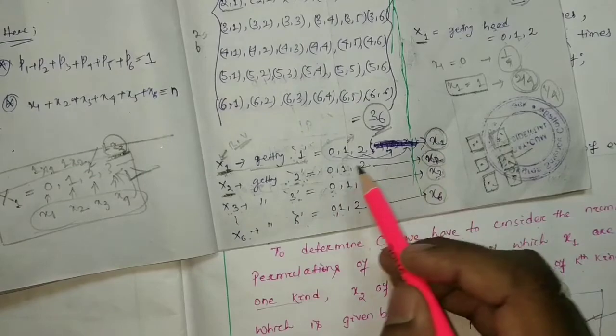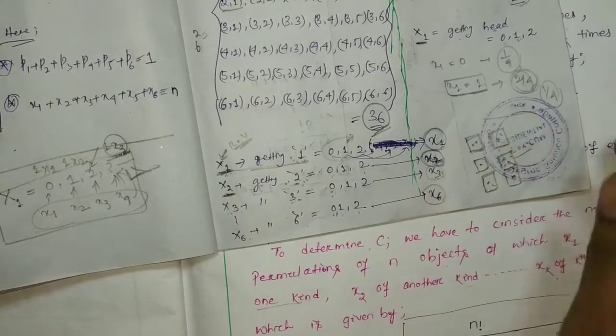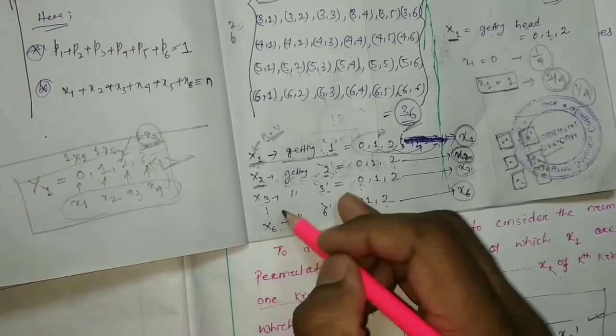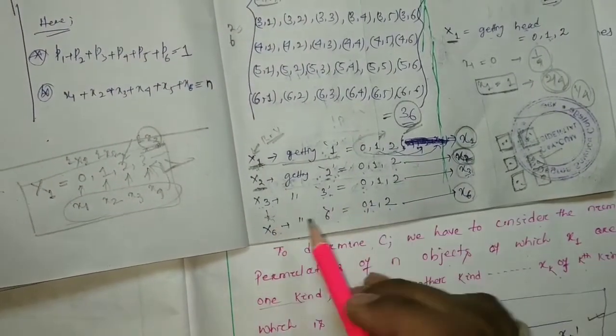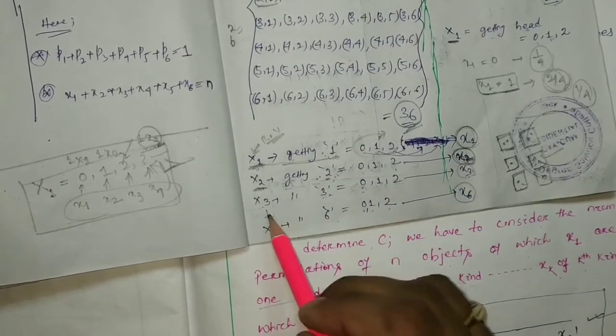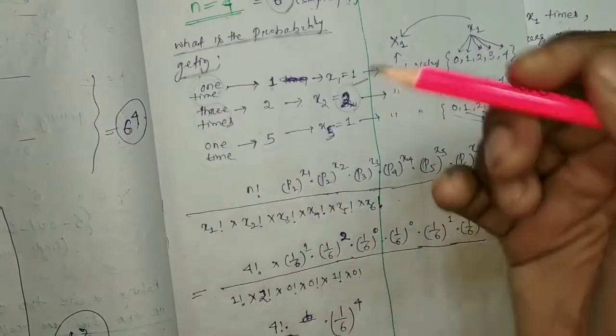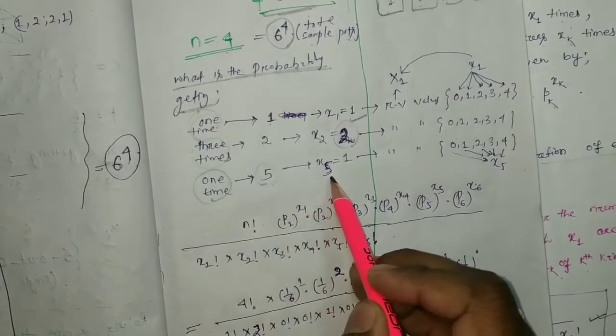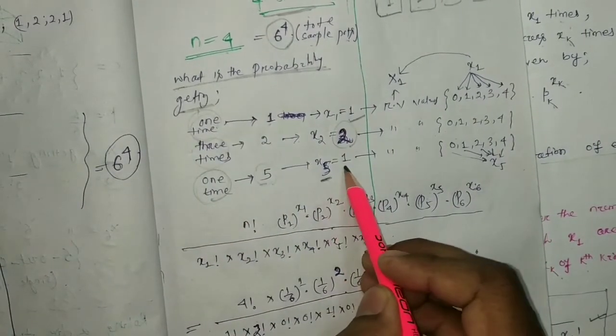So for this question, small x2 will be how much? 2. Then the others we do not need. We need X5. X5 is the random variable. For that, how many do we want in our question? 1 time, 1 time 5. That means the corresponding small x5 is 1.